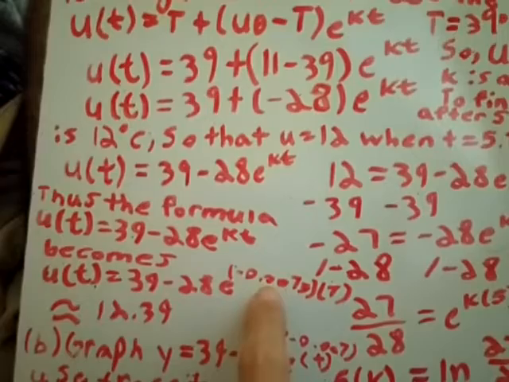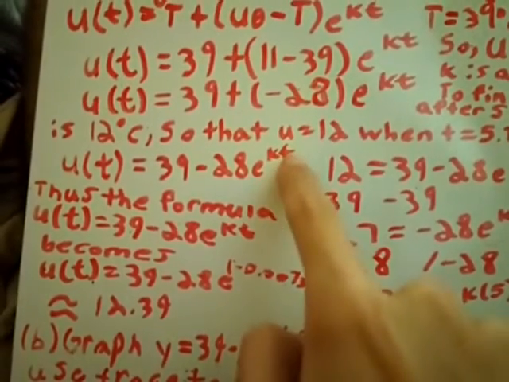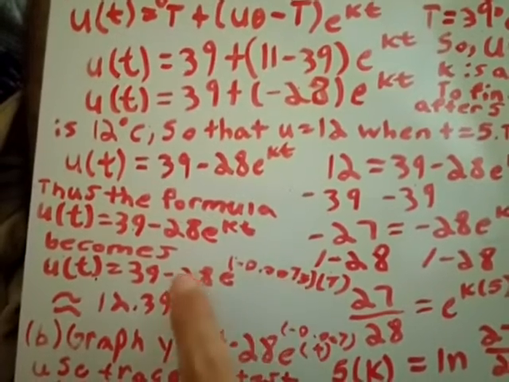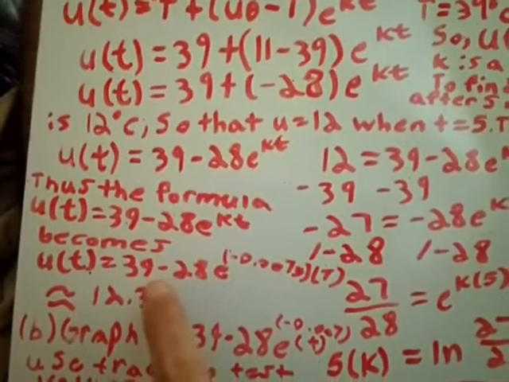Now that I have k figured out, I plug in the value for k and the value for t, substitute them into the equation, and solve with a calculator.